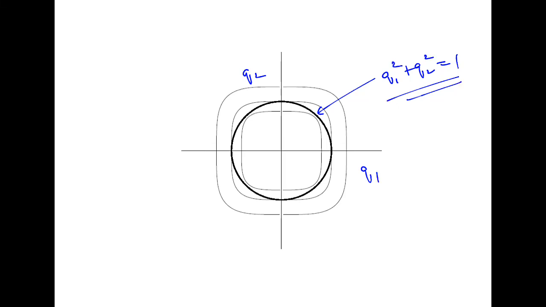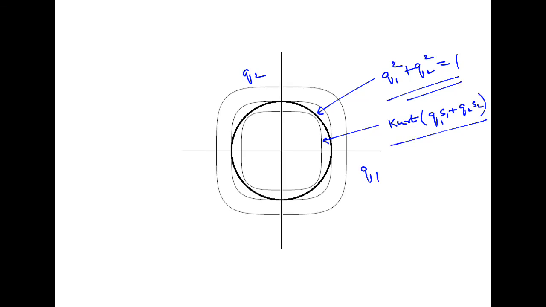This is the set of points where Q1 squared plus Q2 squared equals 1. And now these are the points for the kurtosis of Q1S1 plus Q2S2, assuming that the kurtosis of S1 and S2 are the same.